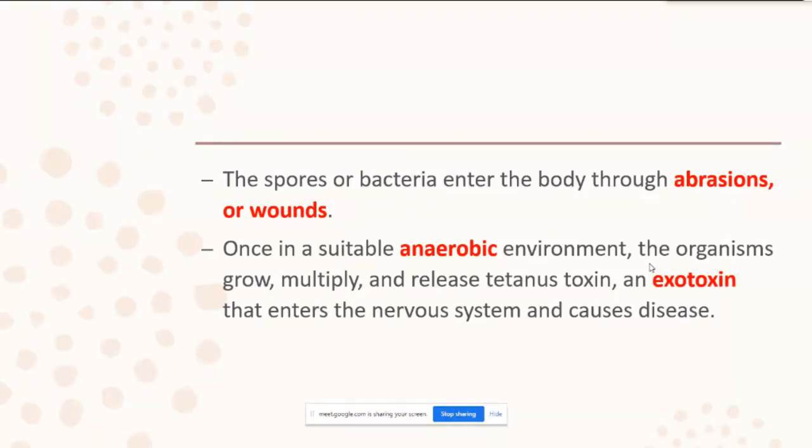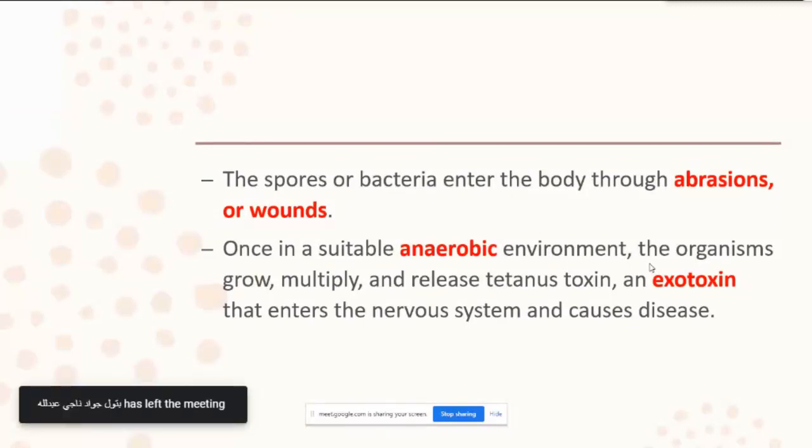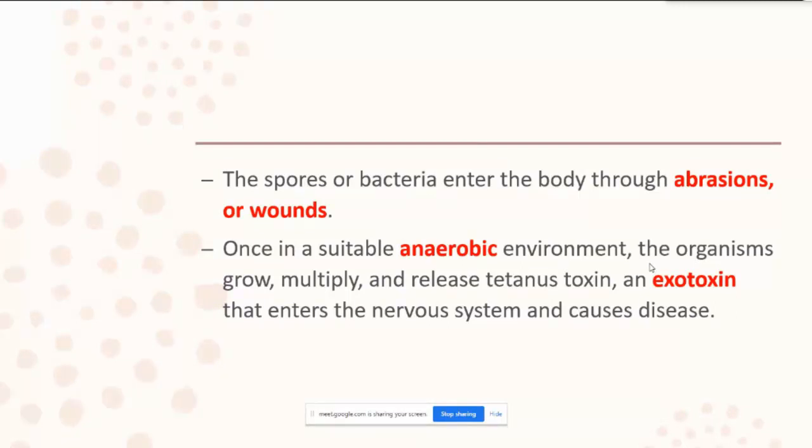After growth and multiplication, these bacteria release a toxin called tetanospasmin. It is an exotoxin, not attached to the cell membrane of the bacteria. The generation of this toxin is responsible for the clinical manifestation. So cultivation of the spore, then the bacteria multiply and release this toxin.